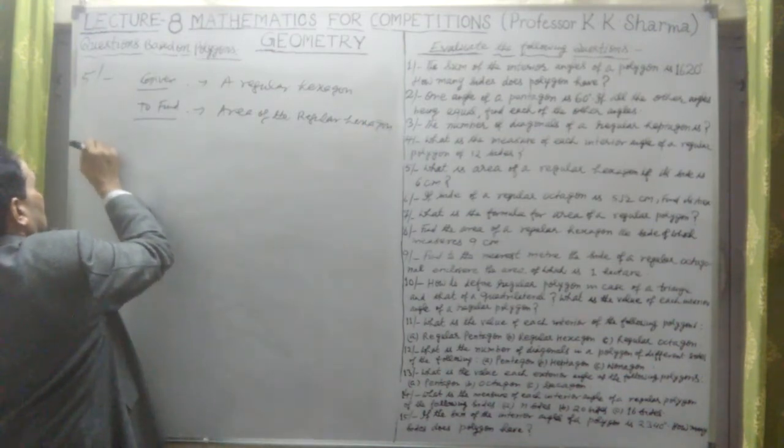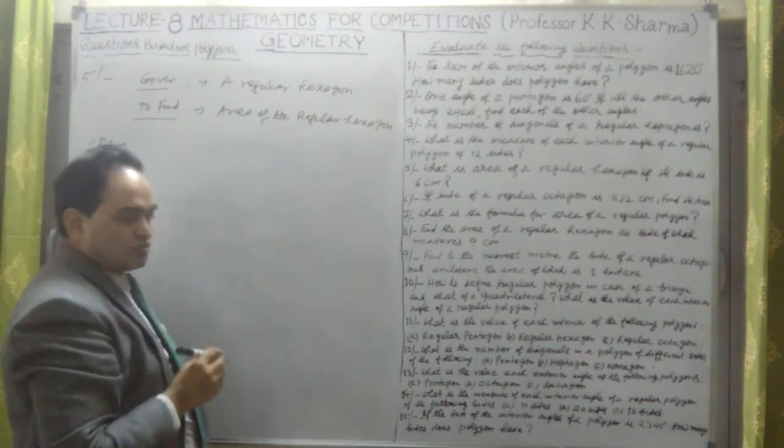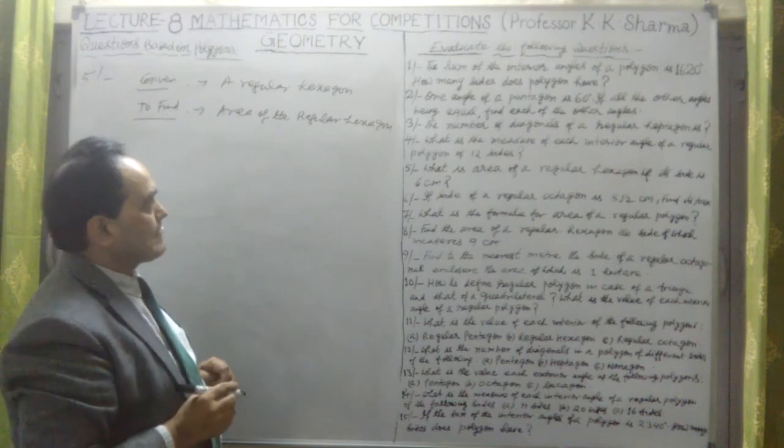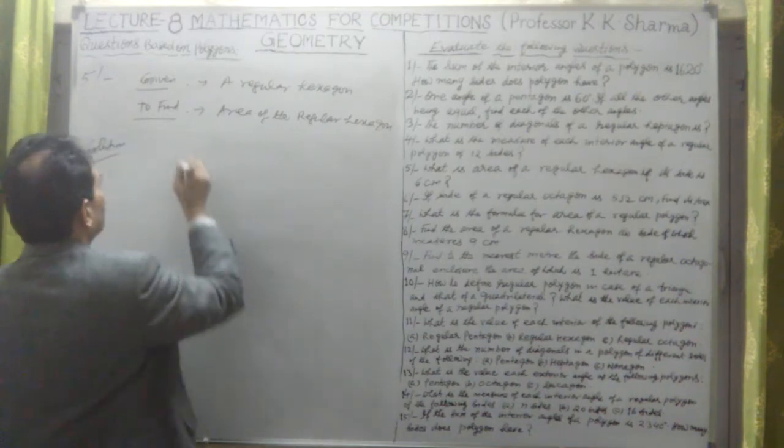First of all, let me write the formula for finding the area of a regular polygon.